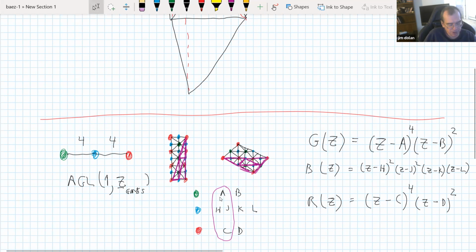I think it's going to end up that the A and H and J and C are just going to be rational, because these 2 torsion points on the Gaussian elliptic curve are going to be very fixed under this Galois symmetry. What am I talking about here? The Galois symmetry switches back and forth between this elliptic curve and this other elliptic curve.